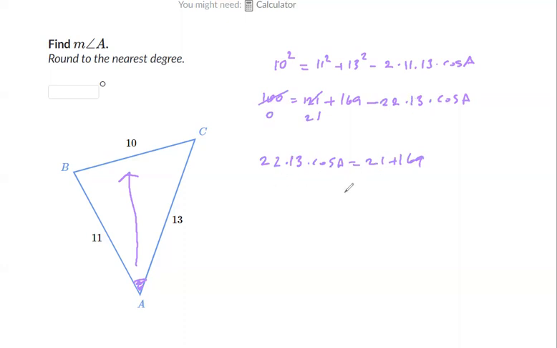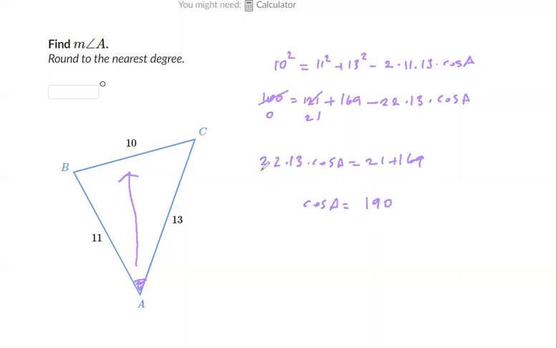But I think this is still fine. Cosine A equals 21 and 69 add up to 90, right? Because 70 plus 20 is 90. So that's 90, and then you got 100, so that should be 190.